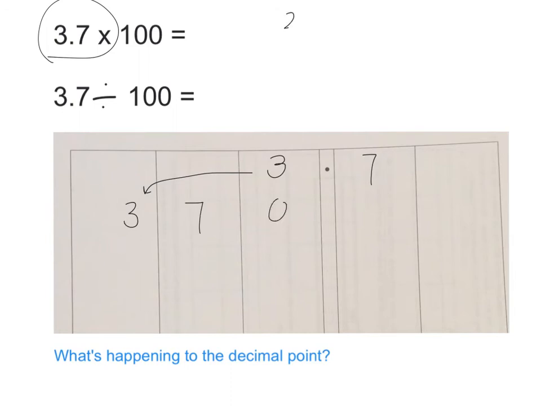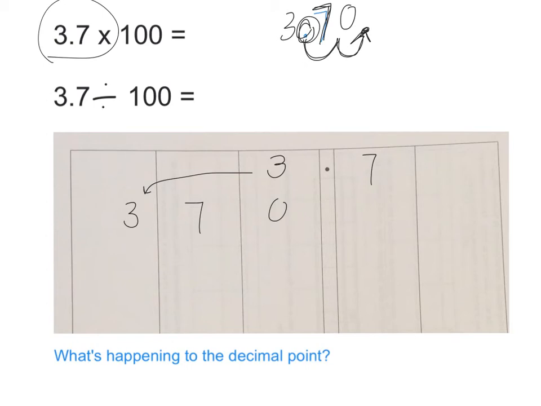That's the same as moving the decimal point 2 spaces to the right. So when I multiply, I'm moving the digits to the left and the decimal point to the right.